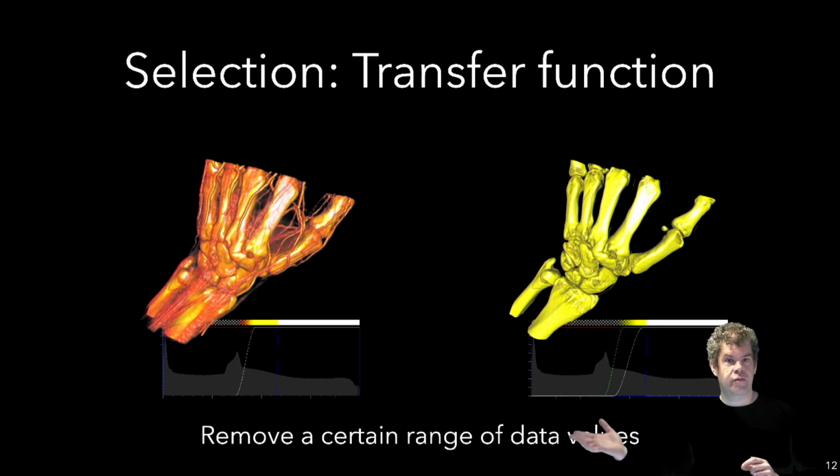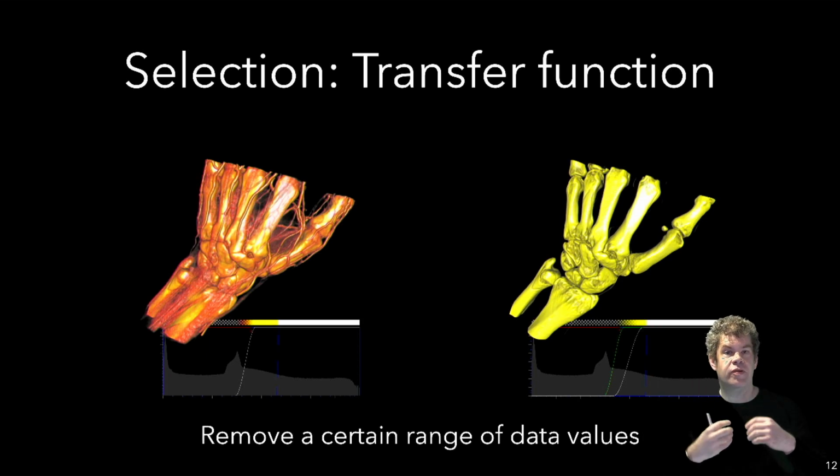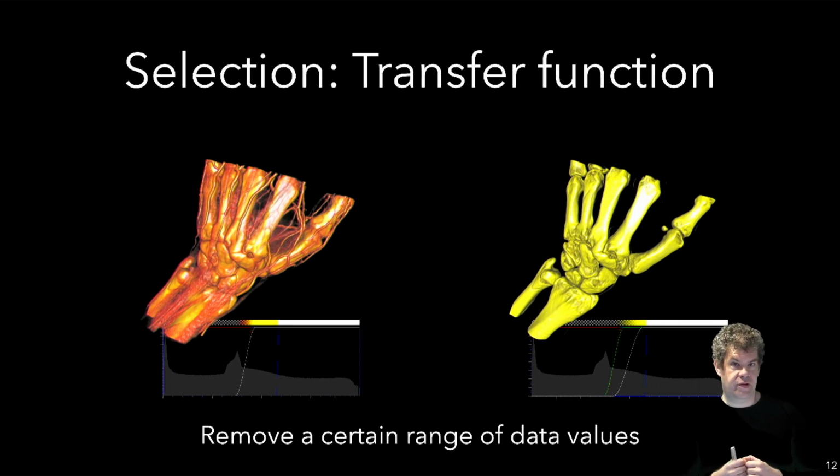If it's 0, we say no. If it's 1, we say yes. And in between, there are also possibilities, and that tells us how much we want to see of that particular value. So for instance, if it's 0.5, it should be semi-transparent, so half transparent. If it's 0.9, it should be 90% opaque and 10% transparent. This is to avoid hard cuts.